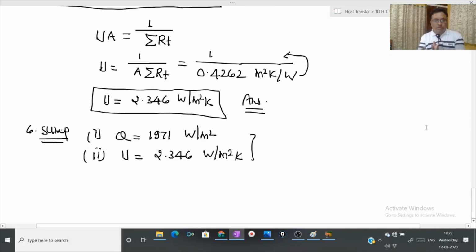So point to be remembered is that how to take into consideration the thermal contact resistance, how to write down the individual expressions for rate of heat transfer at the interface considering thermal contact resistance. So by solving this problem, you will be able to do this.